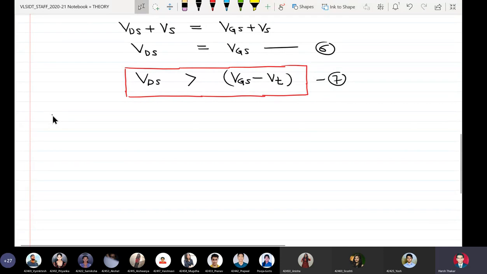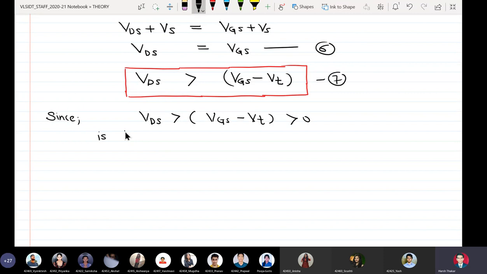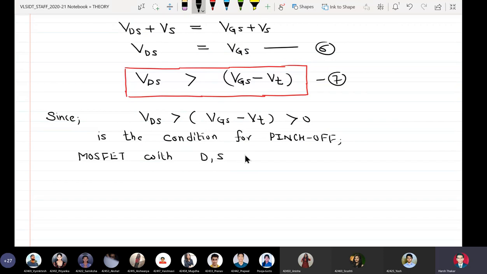So since VDS is greater than VGS minus VT is greater than 0 is the condition for pinch off, a MOSFET with D, S shorted operates in pinch off.